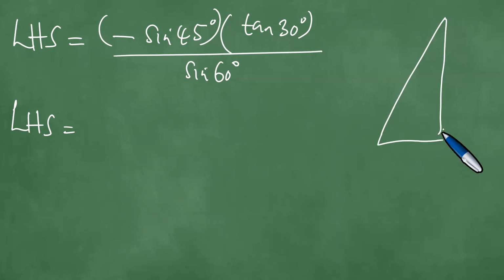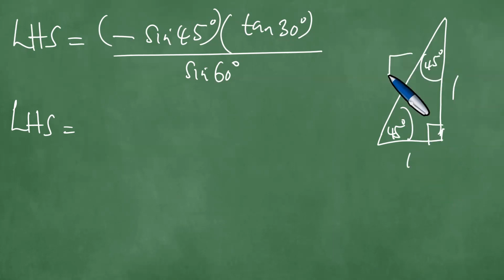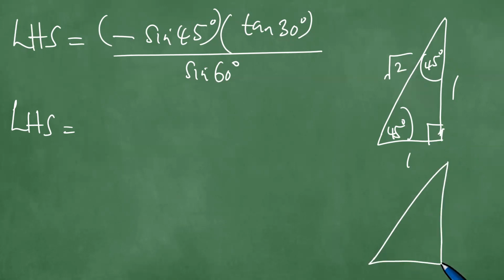There are certain things you call the special angles. So if you're dealing with 45 degrees, 45 degrees, square root of 2, 60, 30, square root of 3, 2, 1.